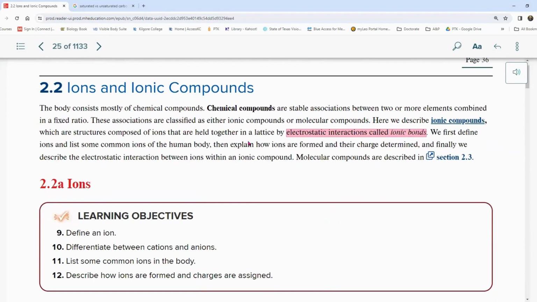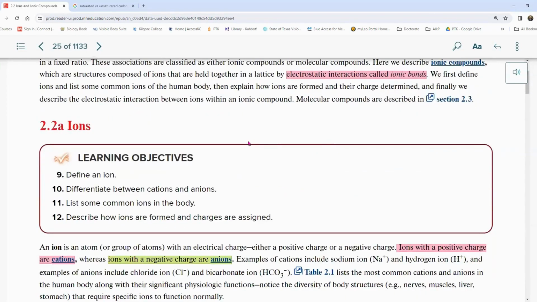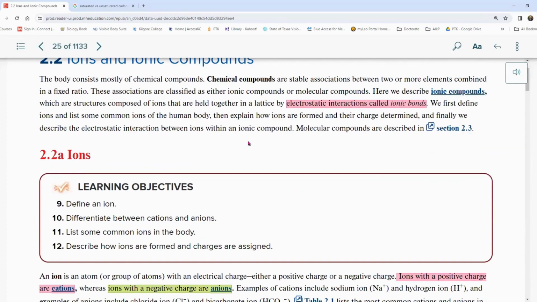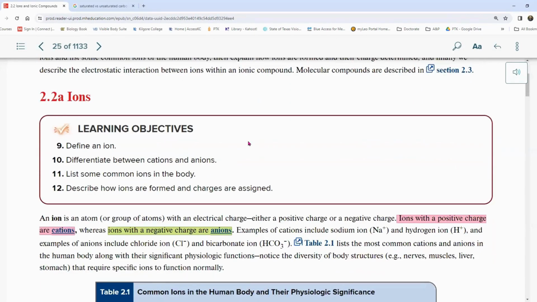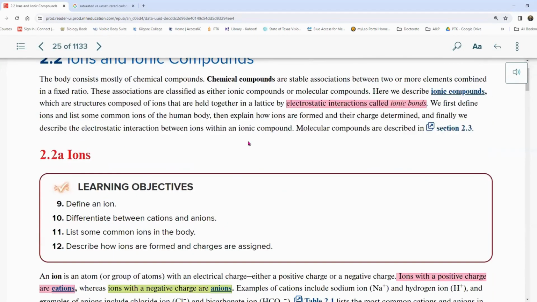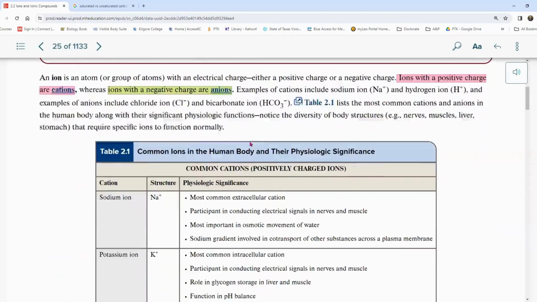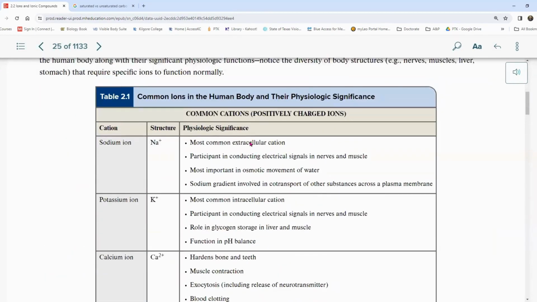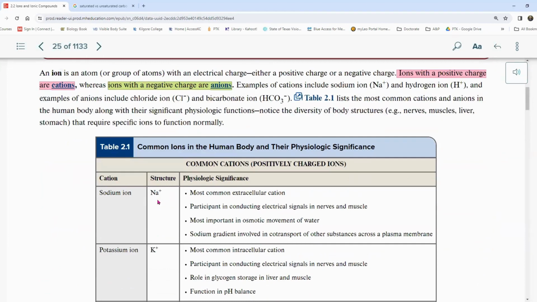So there are different types of ions or compounds. You have what's called an ionic bond. Ions are essentially either positively charged or negatively charged. So let's take sodium chloride, for instance. Sodium, if you notice right here, has a plus charge on it.